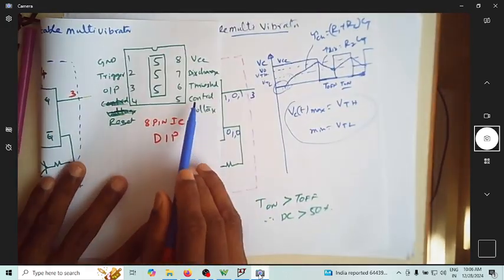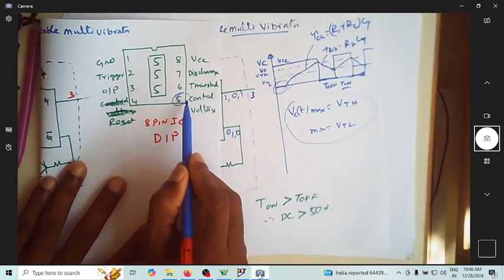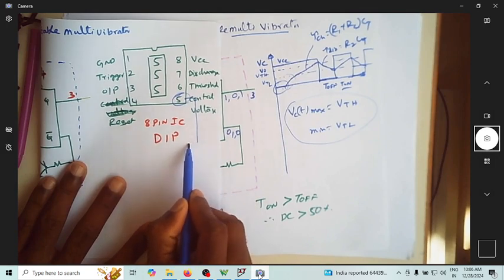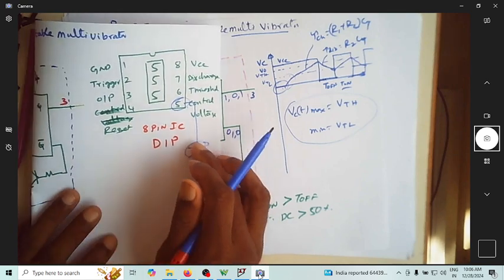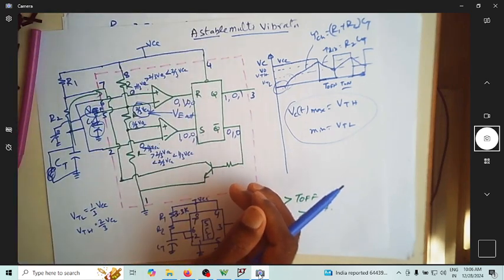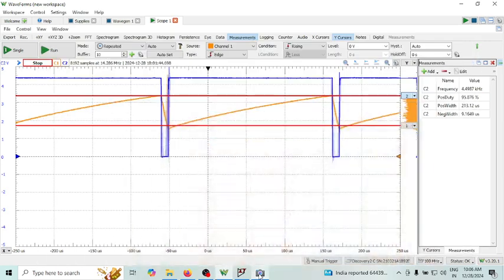It is called control voltage because I can control the voltage here. I can put a battery here and make this voltage any value. So you can change VTH and VTL. The moment you change VTH and VTL, naturally the on time and off time will change.